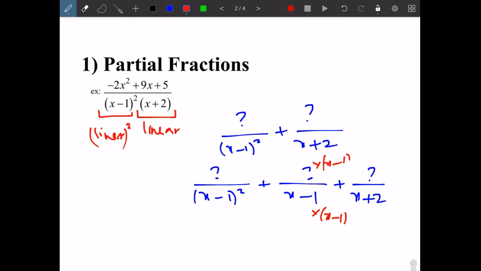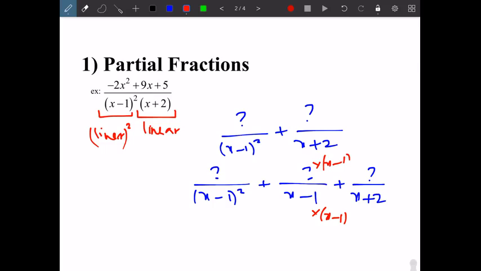So the rule comes as follows. Whenever you have a linear factor to the power of n, the possible partial fractions would be basically the linear factor to the power of n added to the fractions with the same factor with all the exponents all the way down to 0.